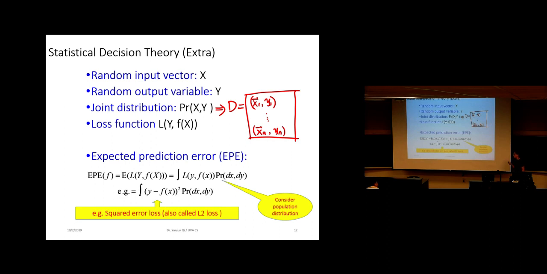It should be a joint probability, considering both x and y. So this is that probability P(x, y). It represents this training data, which is sampled from some distribution. This distribution is a joint distribution represented by x and y together. So let's assume there's a distribution in our data.